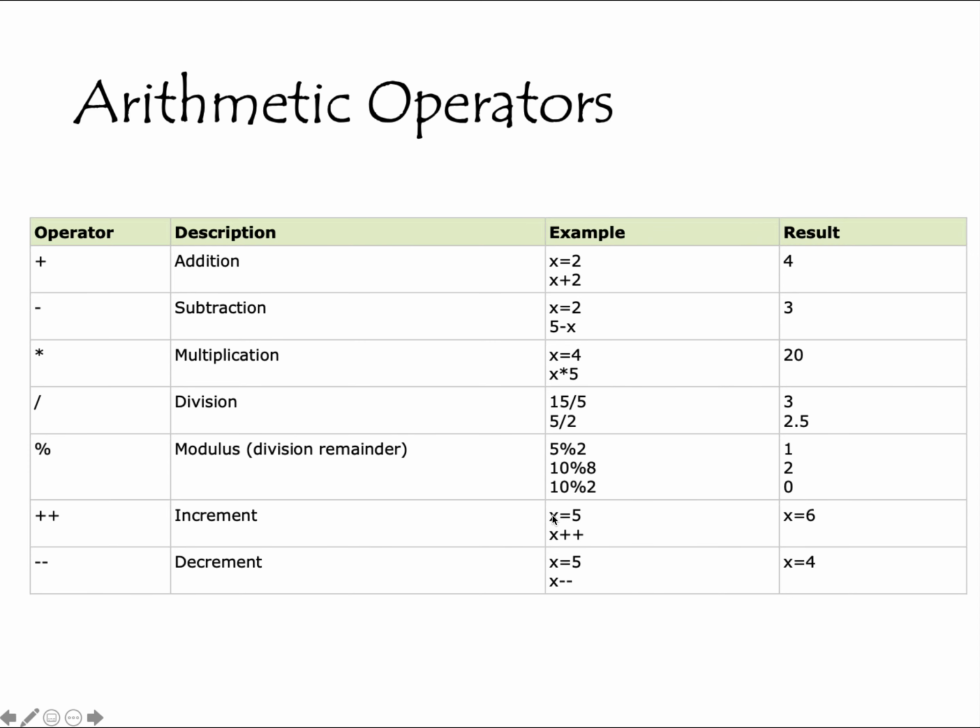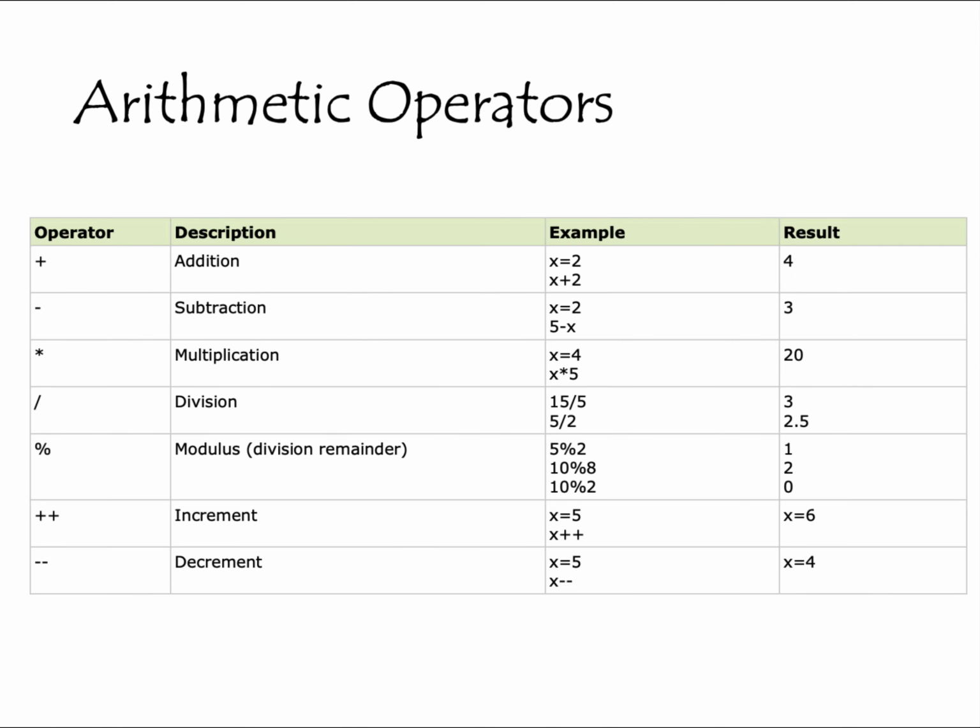For example, current number is 5, then after you apply this operation, x will be 6. Similarly, decrement is two minus signs. With this operator, you can decrease the number by 1. So if current number is 5, after you apply this operation, you get one number less. Now x equals 4.